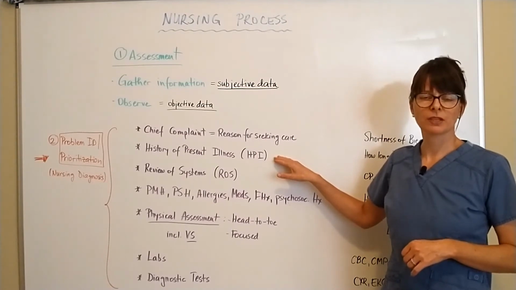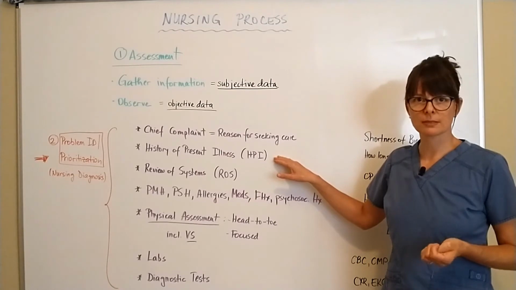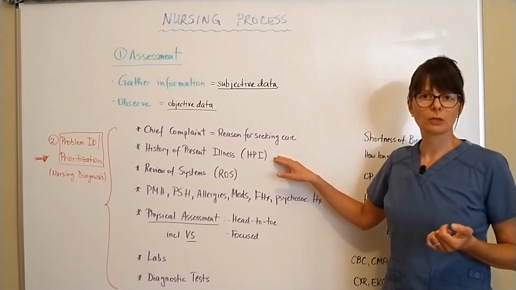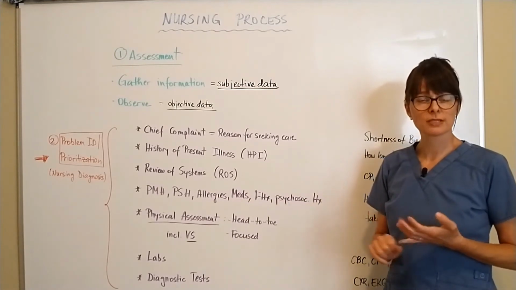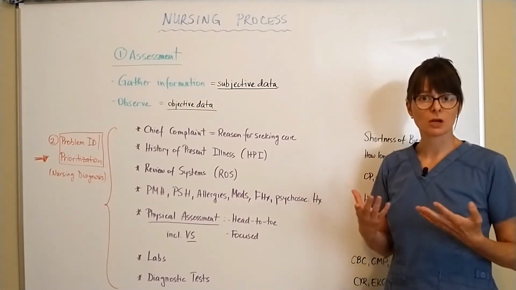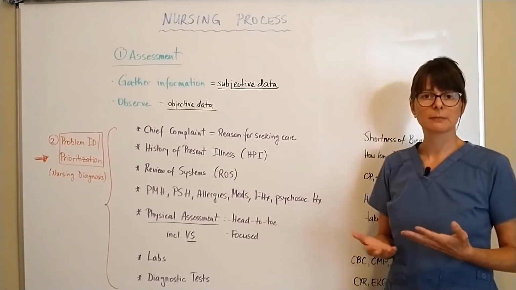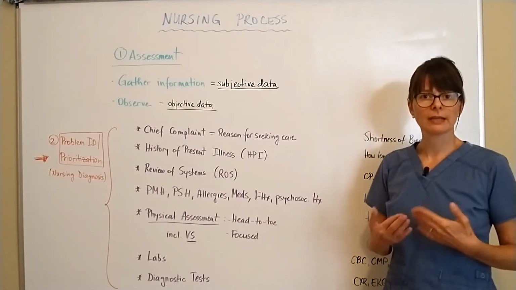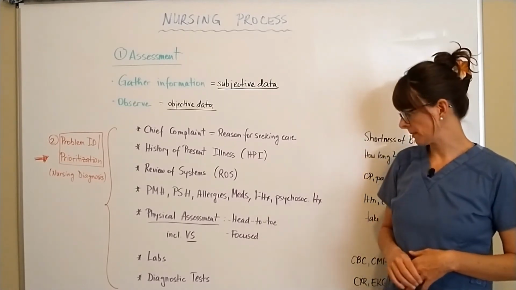So for example, if they're there for a respiratory problem, we're going to focus on the respiratory system. But that also means we have to assess their circulatory status and their orientation, because oxygenation has a lot to do with those, and those signs and symptoms might be apparent if the patient is not doing well with their oxygenation.